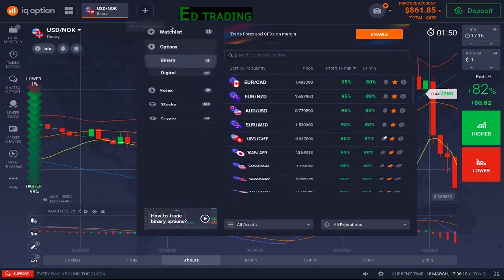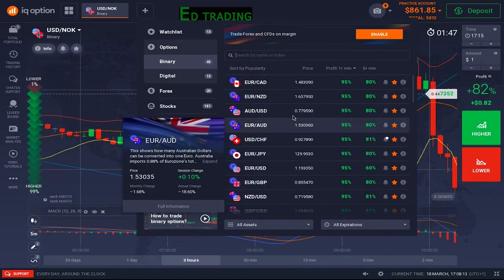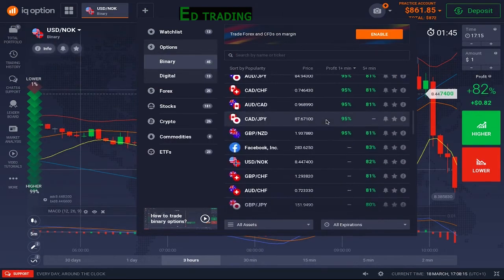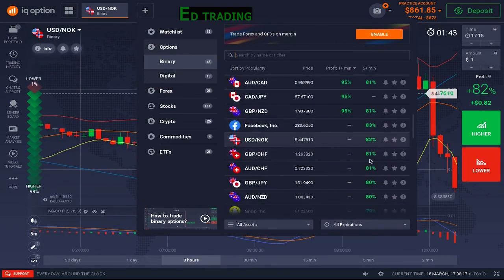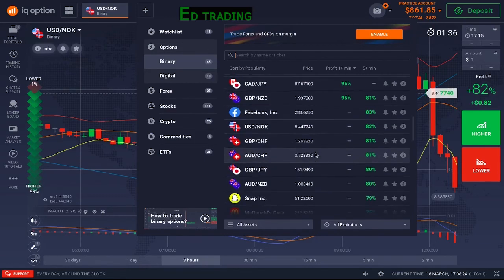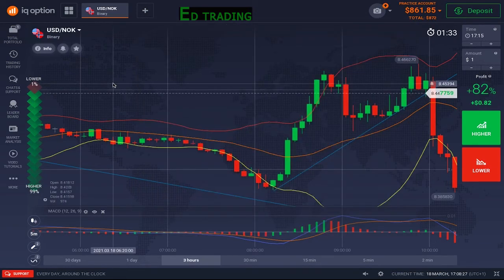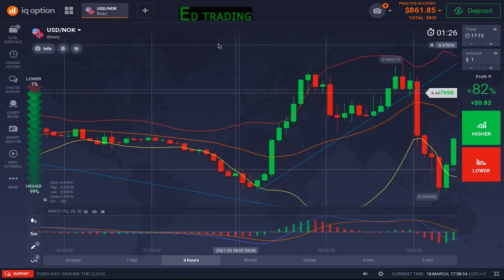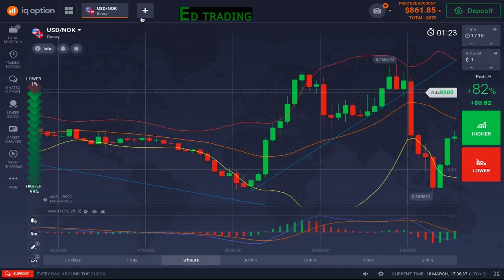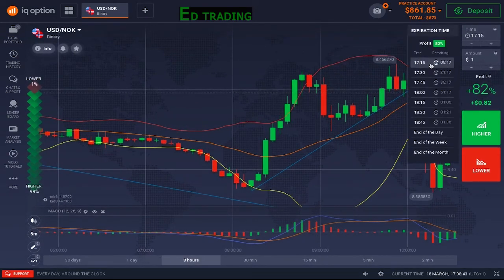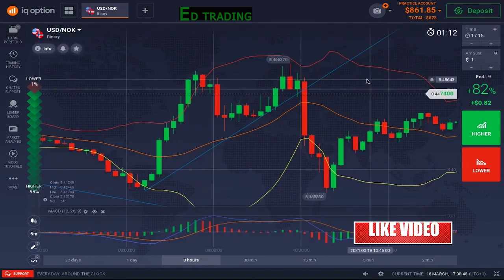Don't use all these currencies. Use currencies from this time range. Use currencies that have only 15 minutes setting, because it's going to be confusing for you, especially if you are a new trader. You won't know how to follow the strategy. So this is how to trade this strategy. Make sure you always use currencies that have 15 minutes timing, so that it will be easy for you to understand.